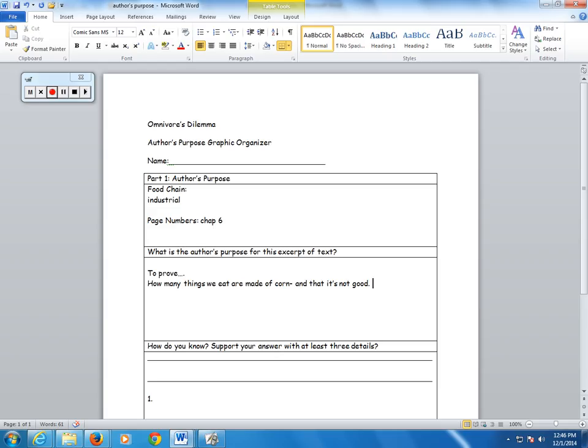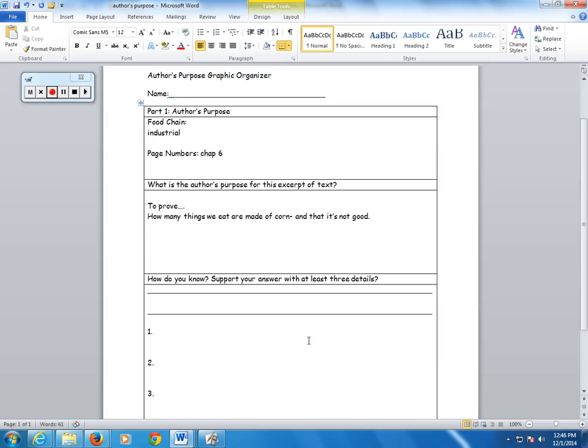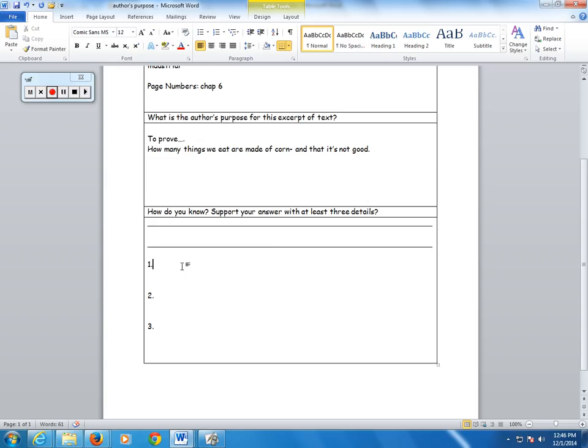So hopefully you got the impression that Michael Pollan does not think that eating a bunch of corn is necessarily a good thing. So what details or pieces of evidence here does he use to prove this? So you'd have to go back to the book and get 3 things. I will do one with you.